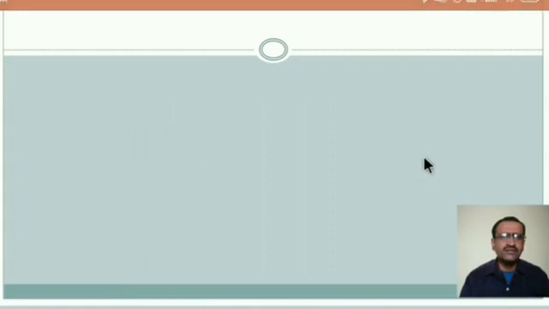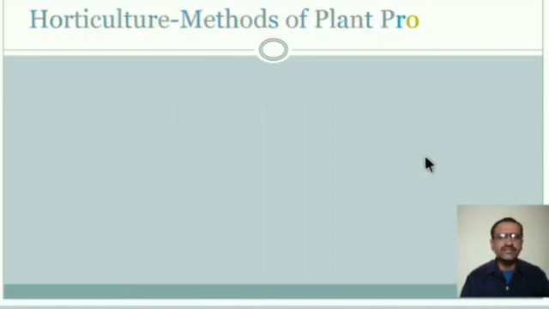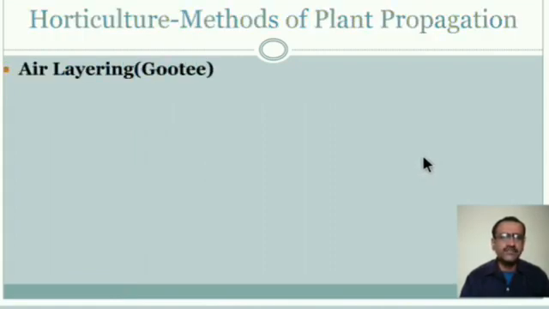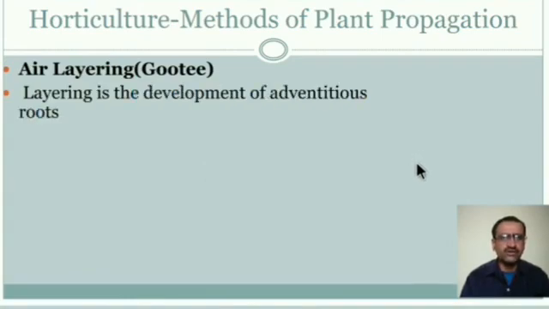The second one is air layering. Air layering is also known as gutti layering. All of us know about gutti or air layering.